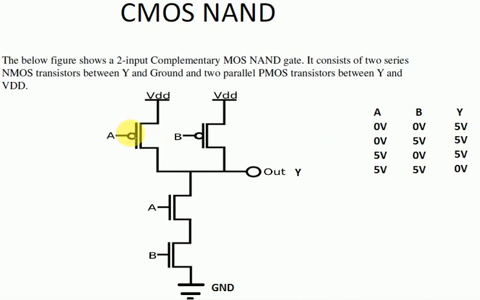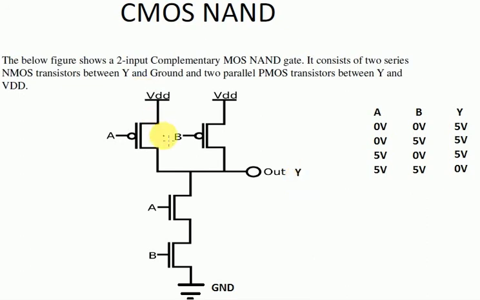So here, B terminal NMOS is in on state, but A terminal NMOS is in off state, and there is a disconnection.